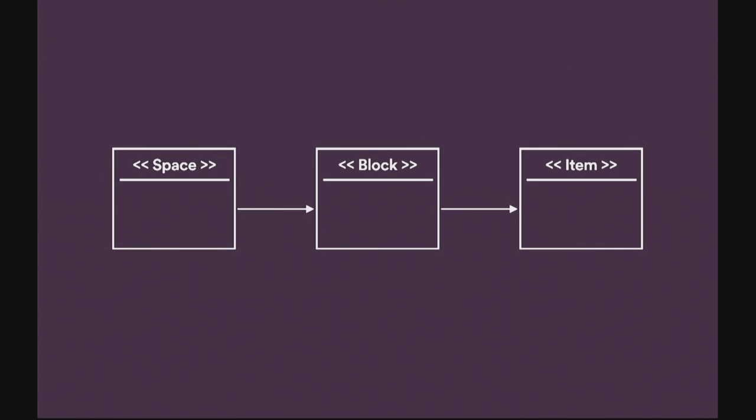If you want to use this framework, I defined three protocols that you conform to. You have a space protocol, a block protocol, and an item protocol. And I really don't care about your data, whether it's offline or online. You just conform to them, and the framework renders this data.